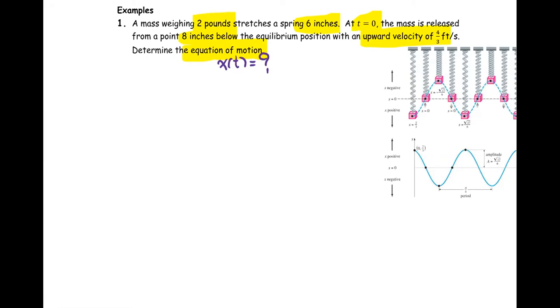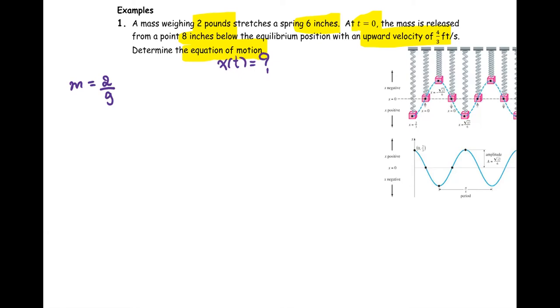The mass, which is 2 pounds, the m, the mass would be the weight divided by g. In this case, m is 2 pounds divided by g.